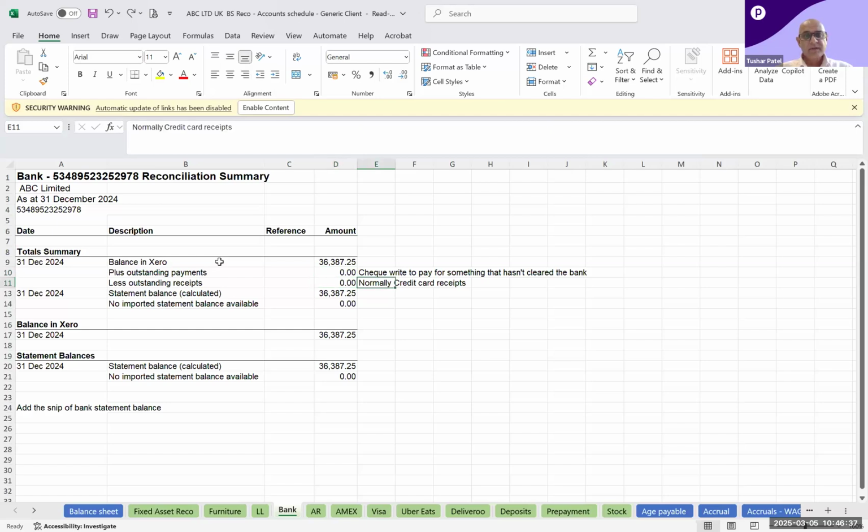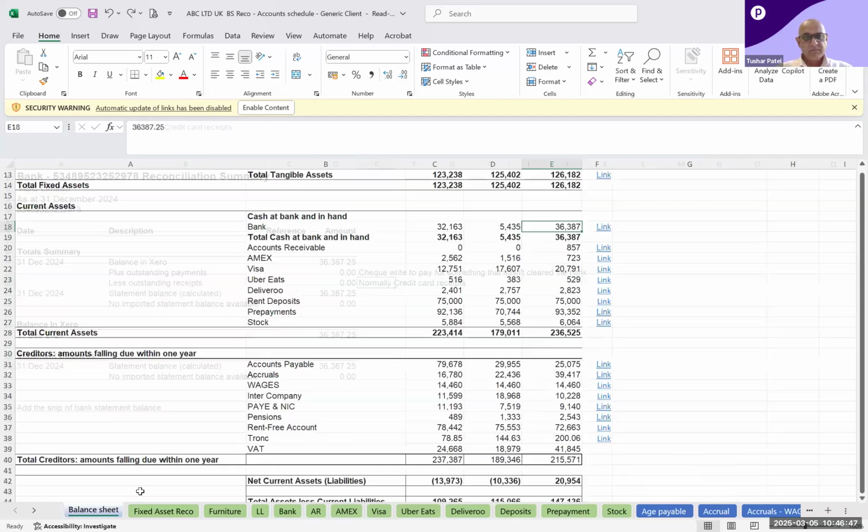The normal one there would be credit card receipts, and I'll go into credit card receipts in detail. And then that should all tie back to your bank statement. It's an important control to make sure that your bank reconciliation is provided on a monthly basis. It essentially ensures that everything that has hit the bank has been booked in the accounting software.